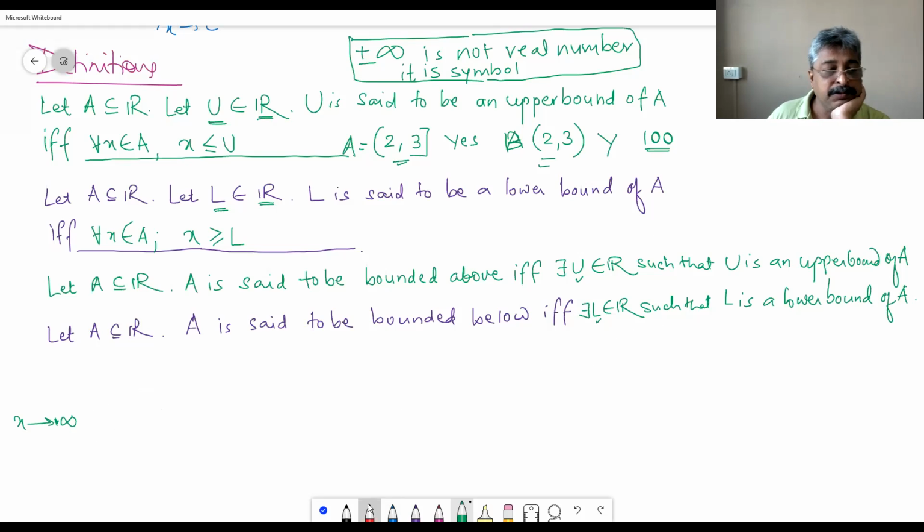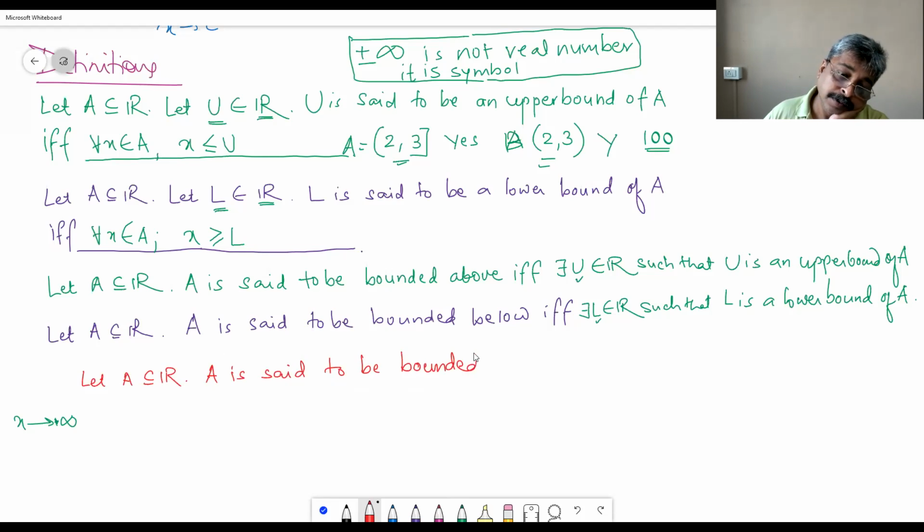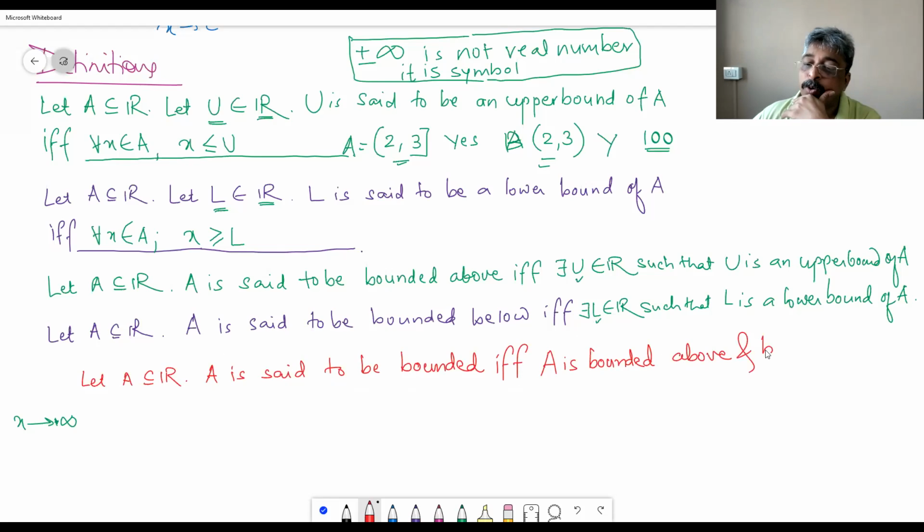Now, next definition. Let A be a subset of R. A is said to be bounded if and only if A is bounded above and below.